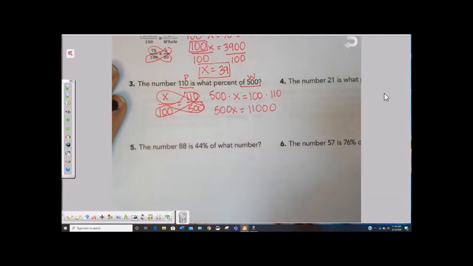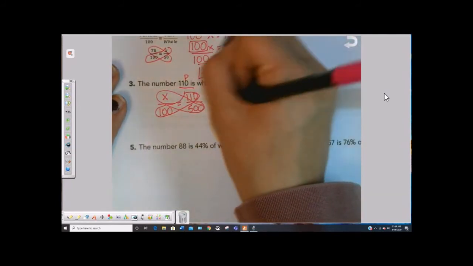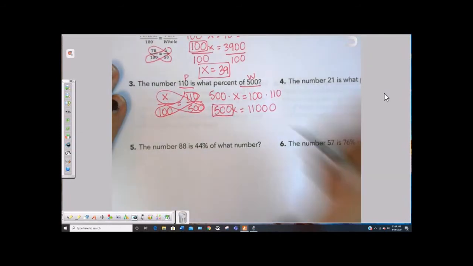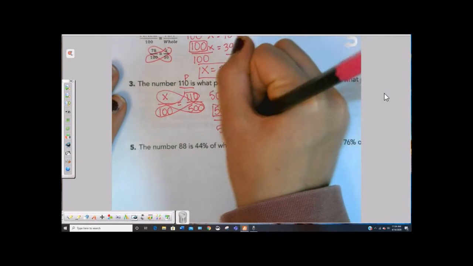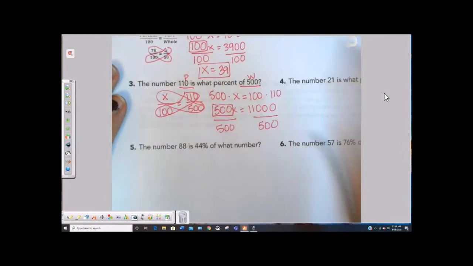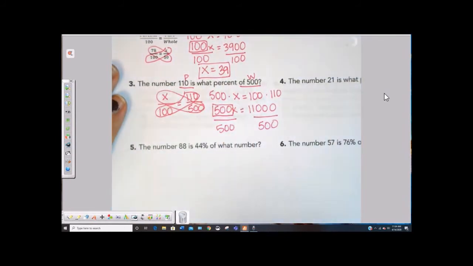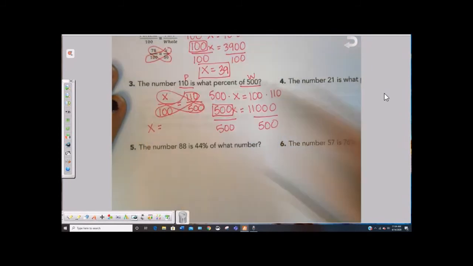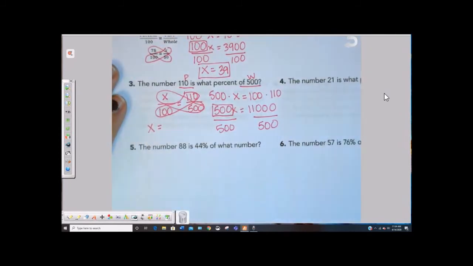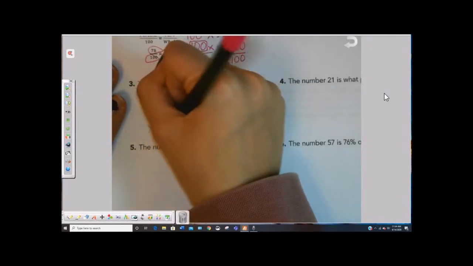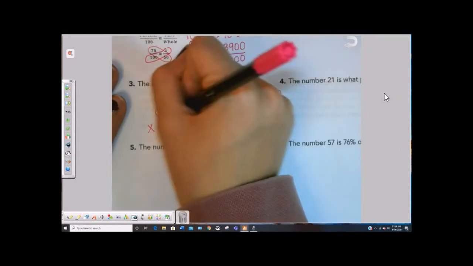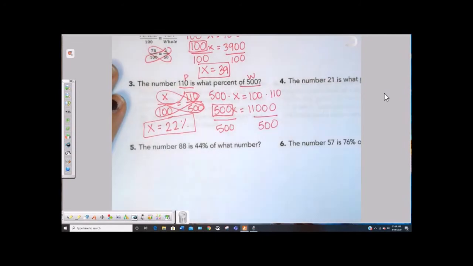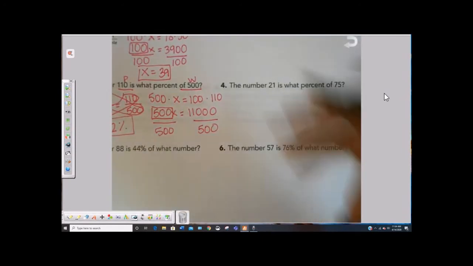Doing the opposite to get x by itself, we're going to divide, and we're going to divide by 500. 500x divided by 500 is x, and 11,000 divided by 500 is 22. So what percent? 22%.